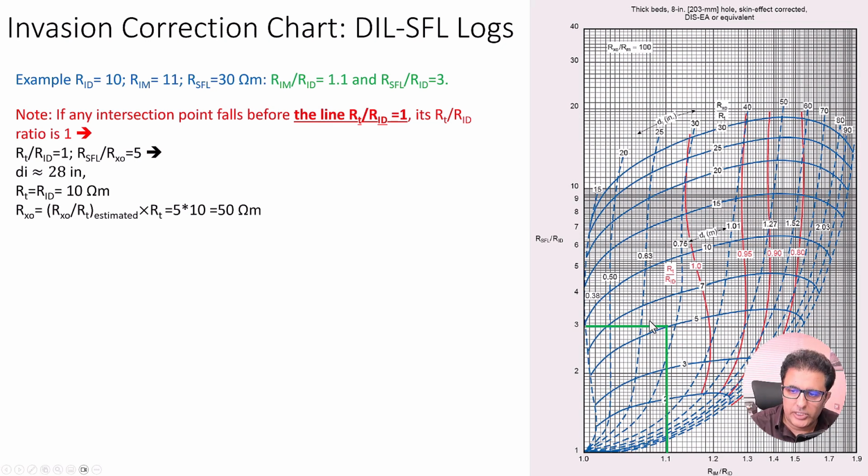And as I mentioned, there is no red curve here, and within this area, RT over RID is equal to 1. DI, or the diameter of invasion zone, is 28 inches. And here, RT over RXO is 5. And this is how I estimate RXO to be 50.